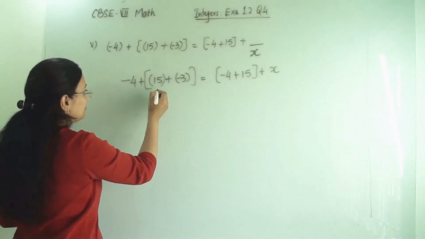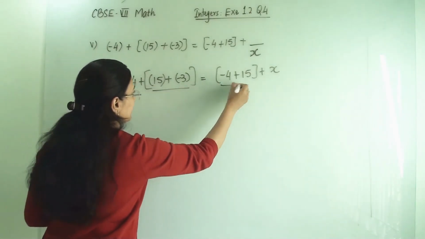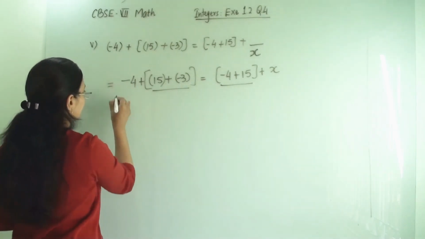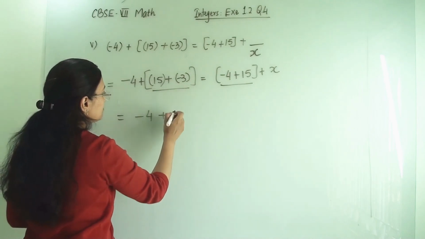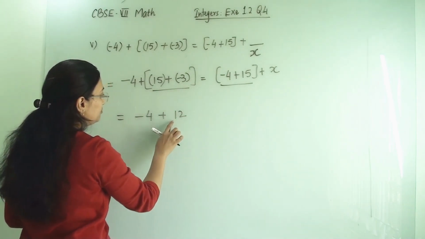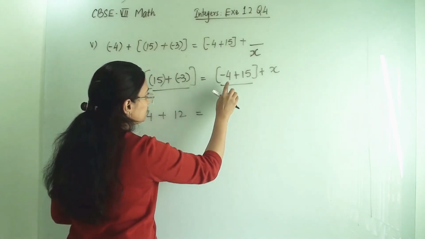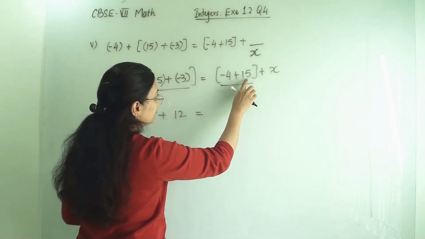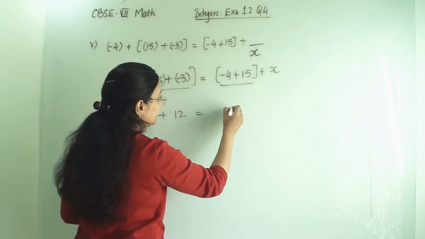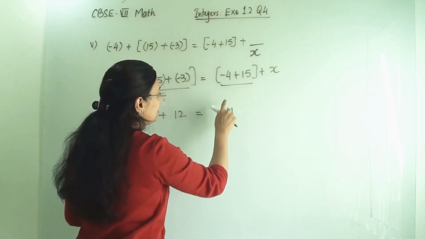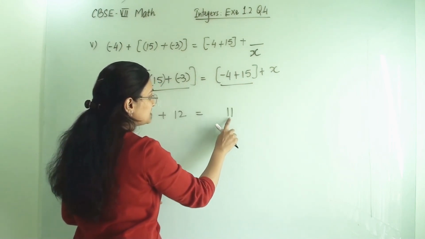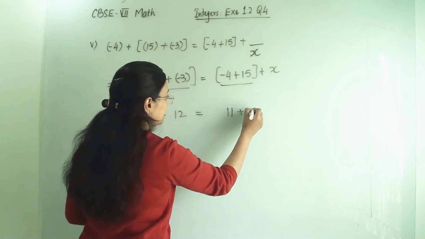Now let us solve this. First we solve this and this. So here we get minus 4 plus 15 minus 3. So we get 12, positive 12, equals minus 4 plus 15. So here we get 11, because minus plus, we have to do subtraction and it will carry the bigger number's sign. So plus 11 we get here, plus x.